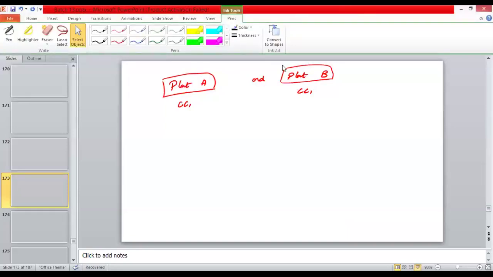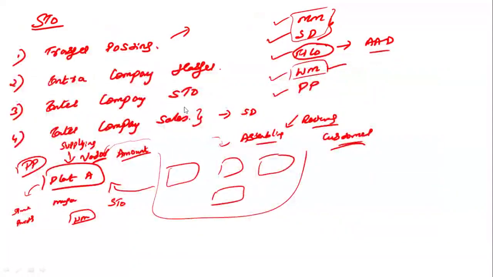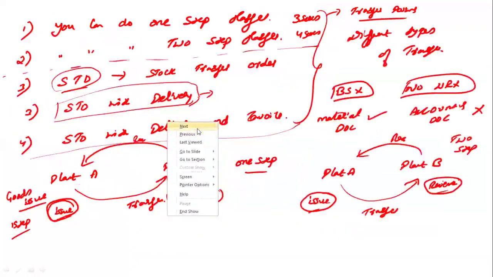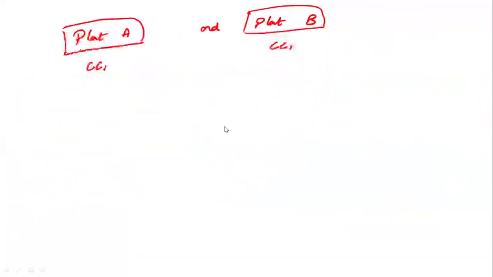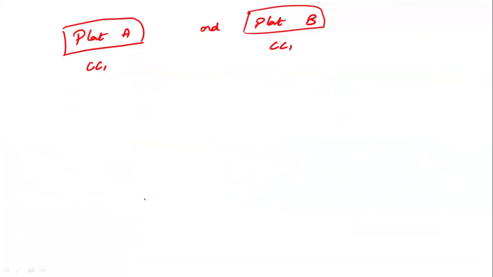Okay. So let me take a simple scenario here, because I mentioned that we have different types of STOs here, intra-company STO, intercompany STO. So what are these? If plant A and plant B is requesting the material and plant A is sending the material.